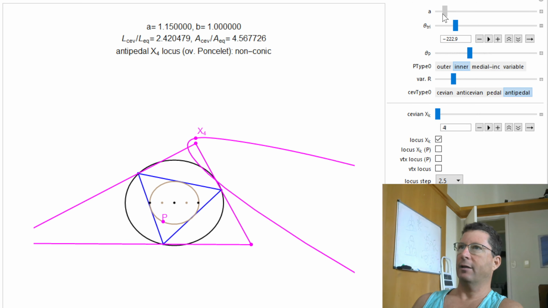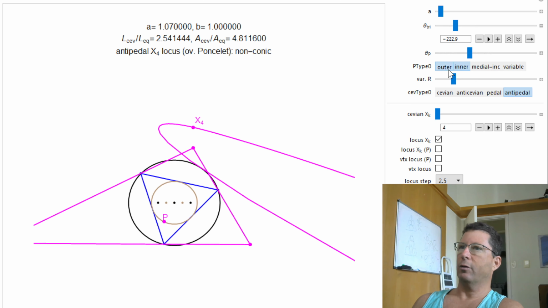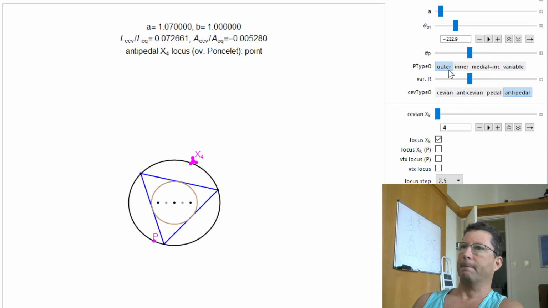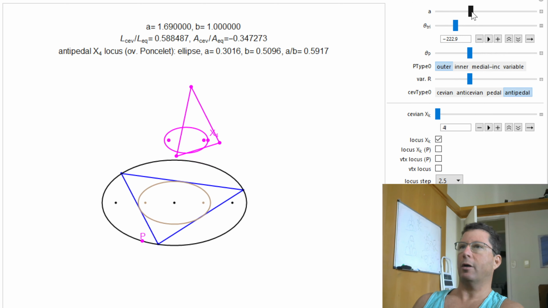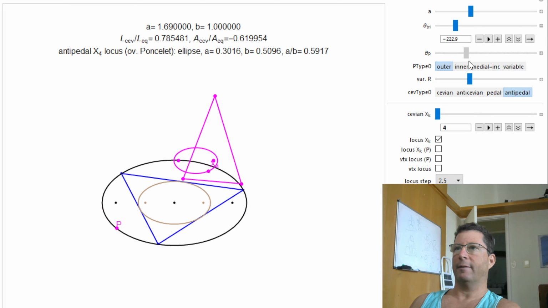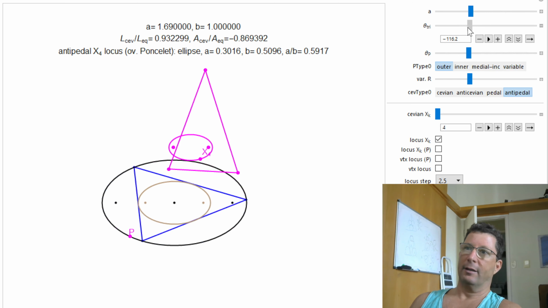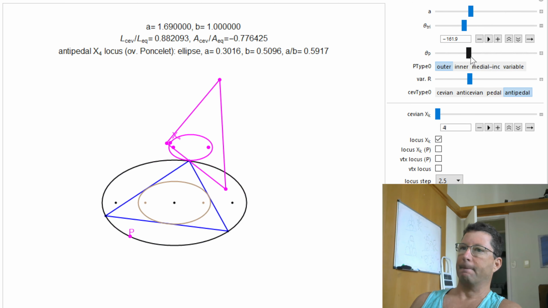So here's the affine. Okay, so X4 becomes a non-conic in the special situation. What if I go to the outer one? This doesn't make sense, right? It cannot be a conic. Okay, so if P is on the Steiner of now this affinely distorted family, the locus of X4 over the Poncelet family is now an ellipse. And am I seeing this right?